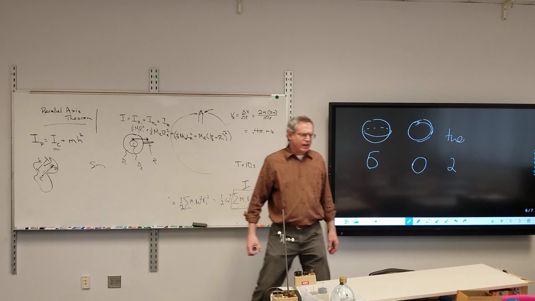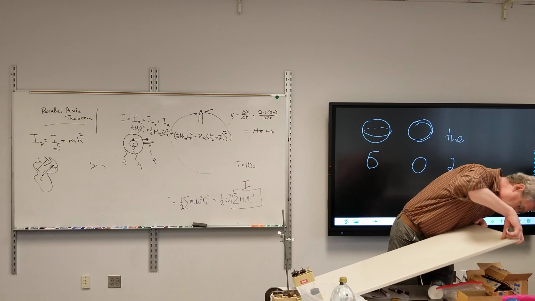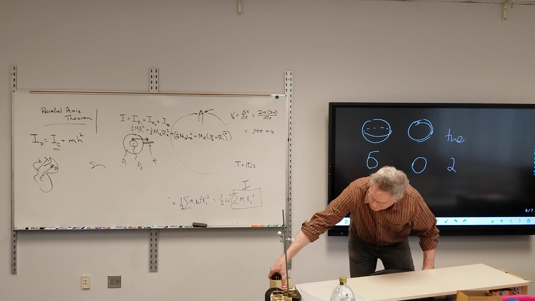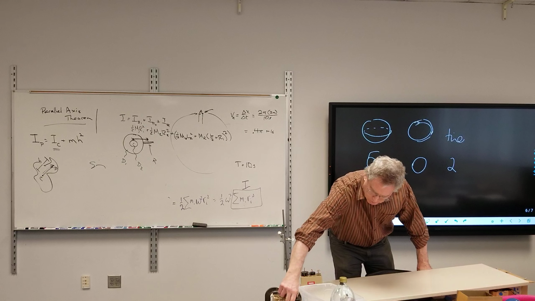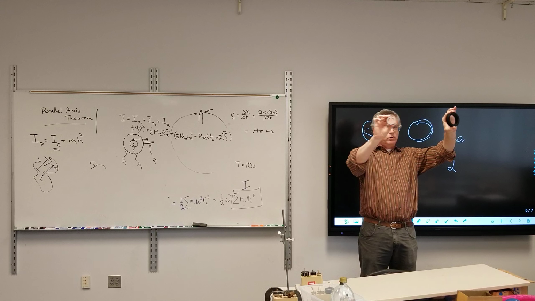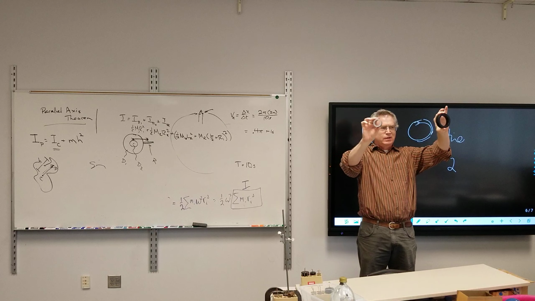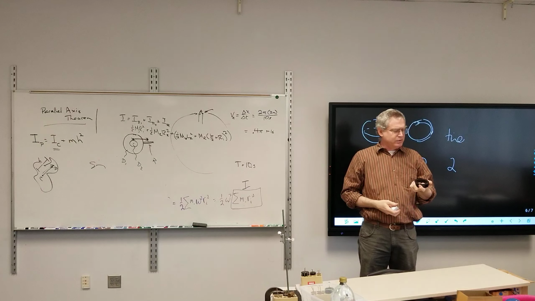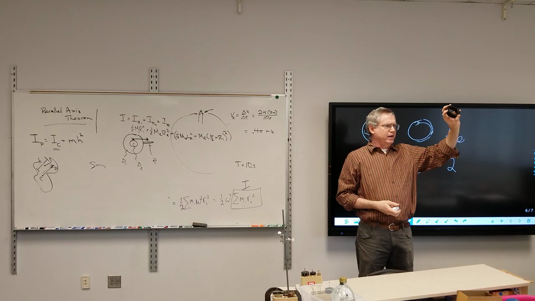Where's the hoop that I had earlier? I have two different hoops. This one has more mass. I assume this is aluminum, and this one I assume is iron or steel or something.